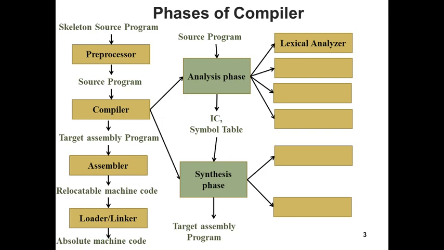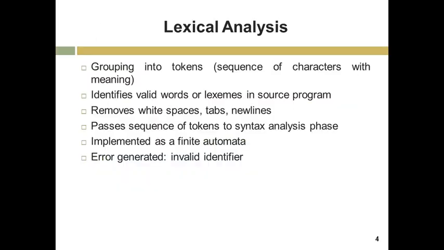Thus, lexical analyzer is the only phase that deals directly with the source program. Lexical analyzer, also known as linear analysis or scanning of the program, groups a sequence of characters into tokens. It identifies all the words or lexemes in the source program.